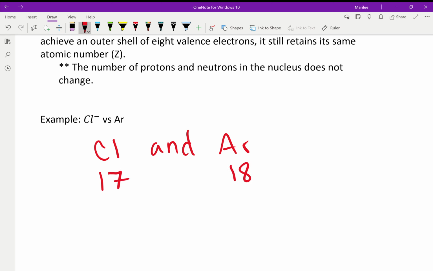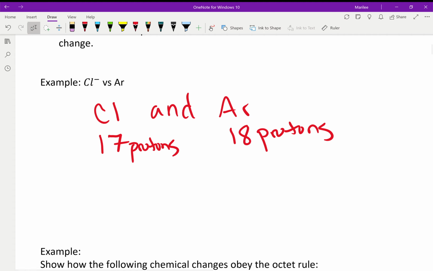So this means that Cl has 17 protons, right? And Ar has 18 protons. Then we know Cl also has 17 electrons.